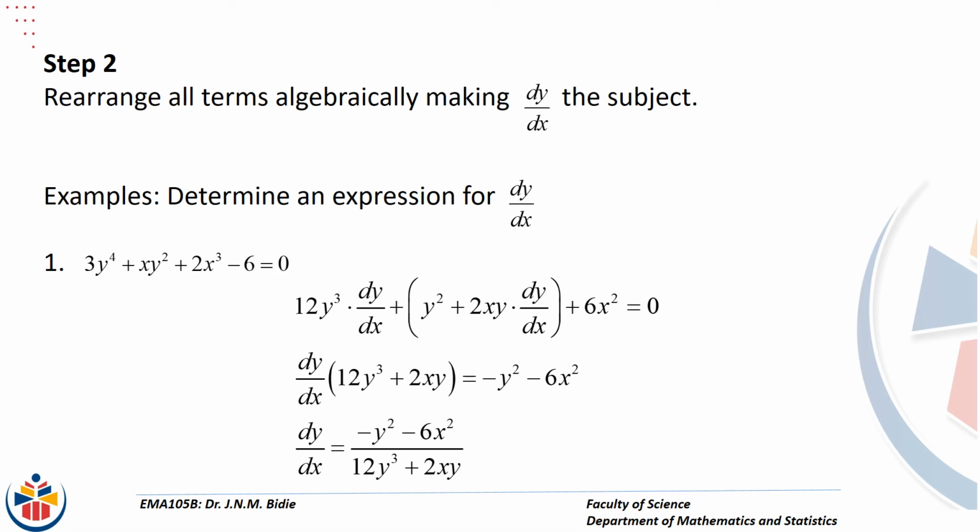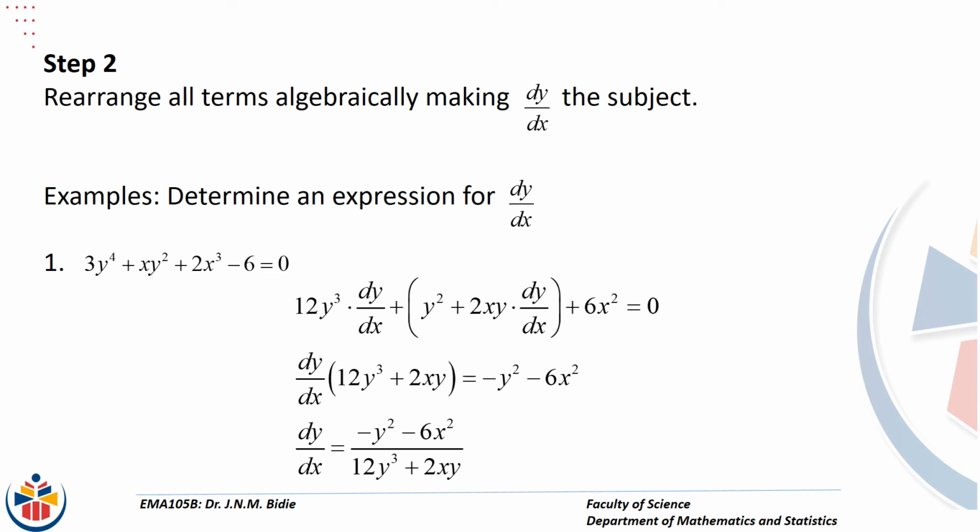First step, find the derivative of each term in your expression. So 3y to the power 4 gives us 12y to the power 3 multiplied by dy over dx, because we have to always take into consideration that y is a function of x, and we're differentiating each of those terms with respect to x. So chain rule applies.